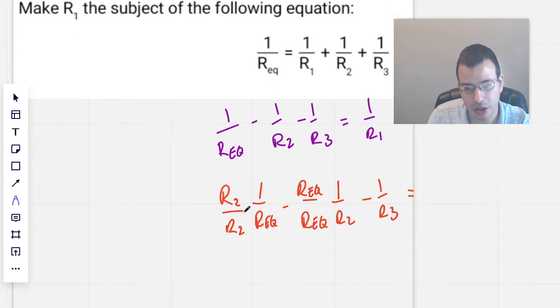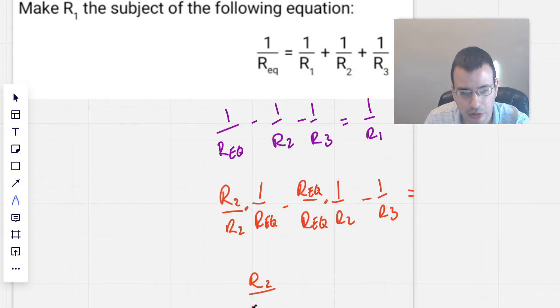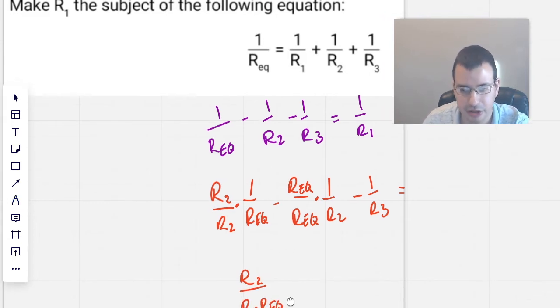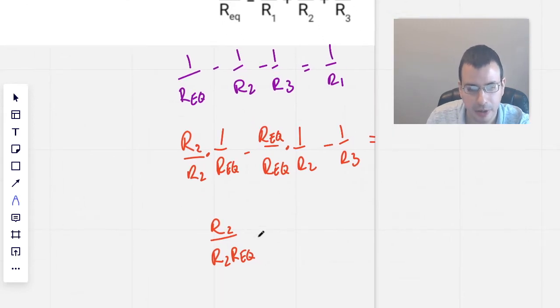So then, when we look at these together, R2 times 1, because we're just multiplying by 1 here, multiply the numerator, the top, and then the denominator, the bottom. So we have R2 over R2 R equivalent, minus R equivalent all over R2 R equivalent.